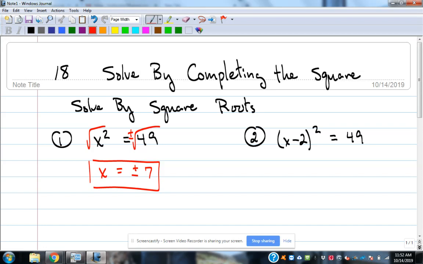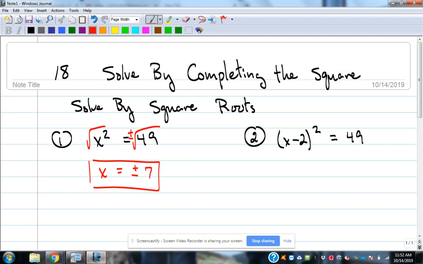Number 2 is a little bit different. So this takes us to the next step, kind of headed in that direction of what we're trying to do today. And we look at that problem, and it's very similar to example 1. The only difference is you've got this parentheses here with x minus 2 in it, but that is squared. So for this one, the squared part is not just x squared, it's x minus 2 squared.